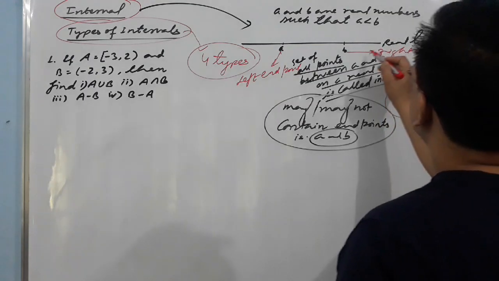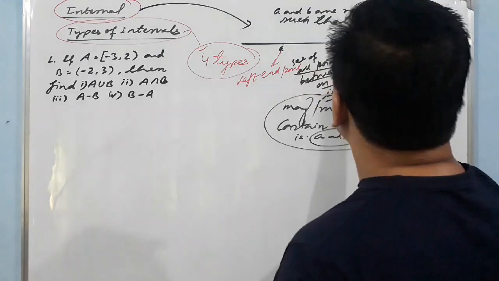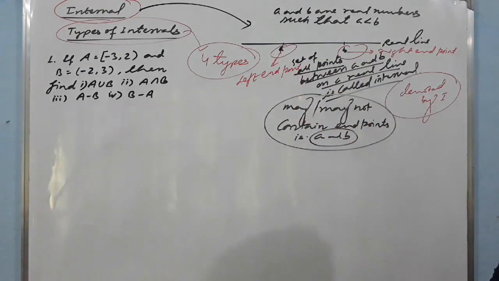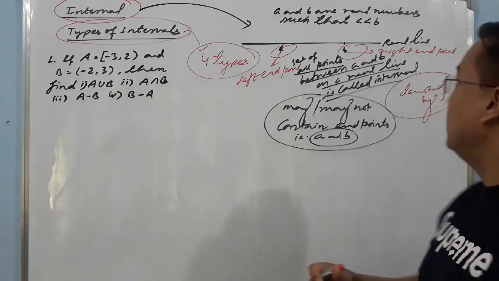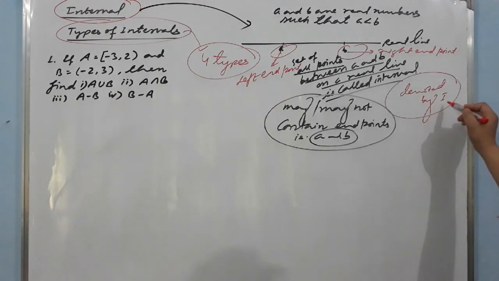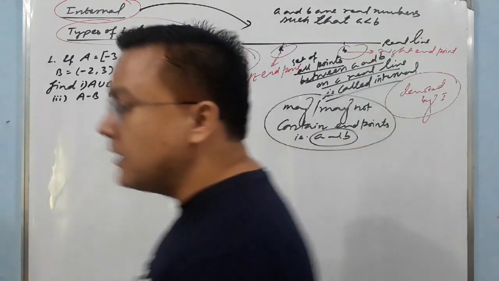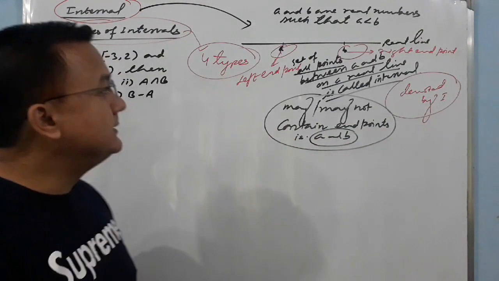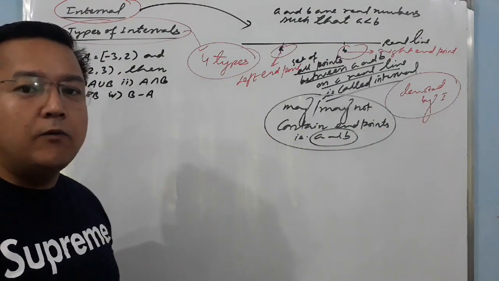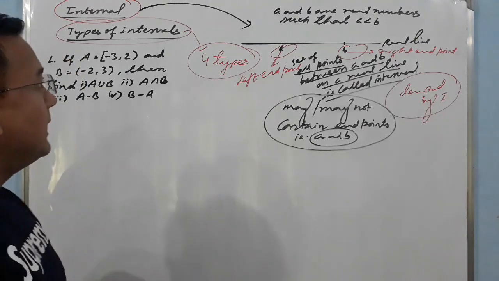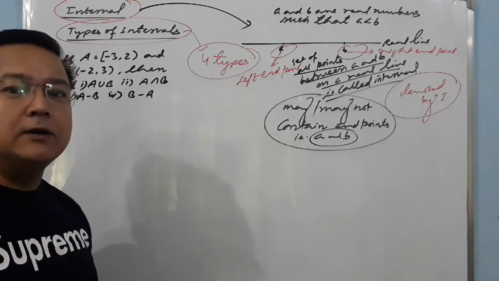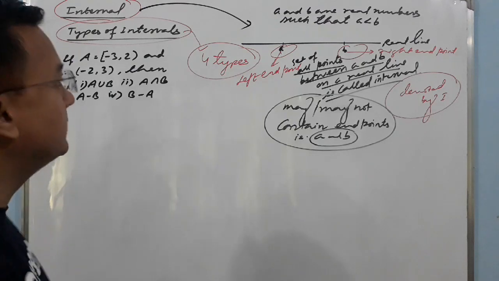These are called the endpoints of an interval. Now, according to containing or not containing the endpoints of an interval, we have four types of interval.